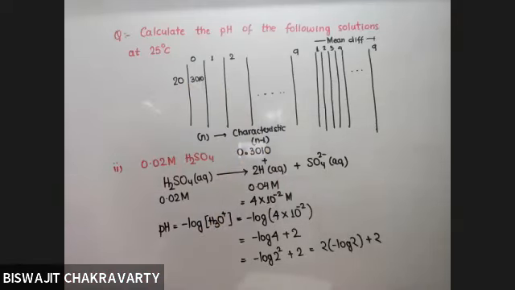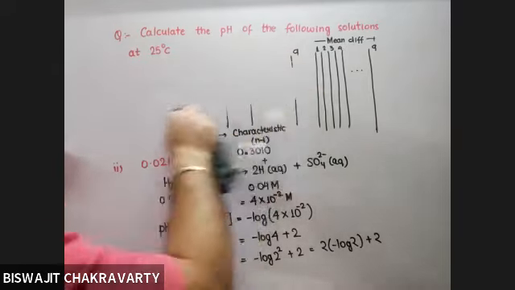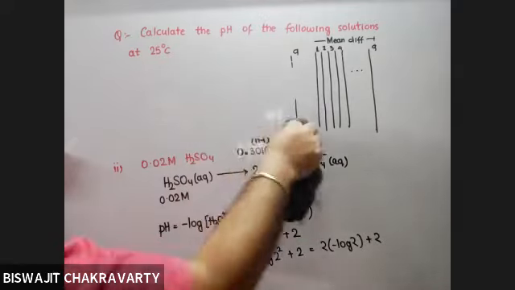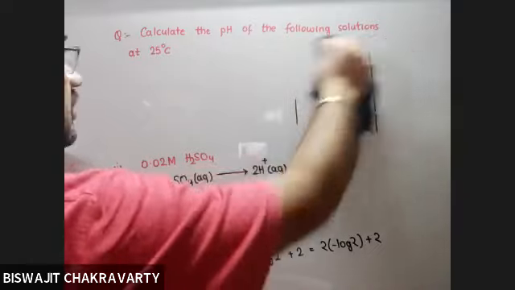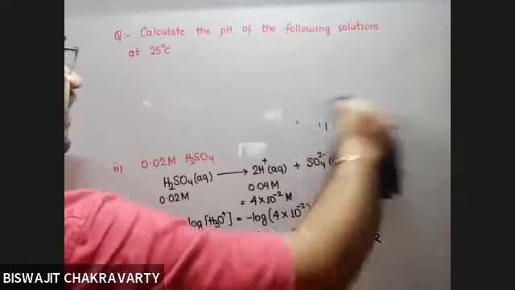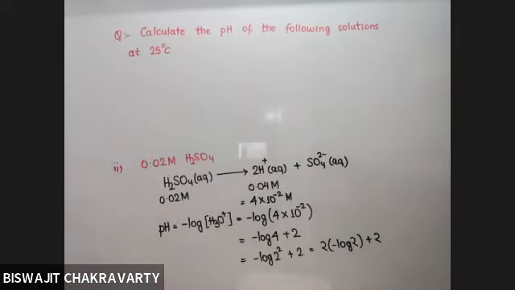Understood or not? Yes, sir. Similarly, if log 3 has to be found, what is the characteristic of log 3? 0. And mantissa, you have to look at the log table. There is no 3 in the log table, so look at 30. So that way you will get it.